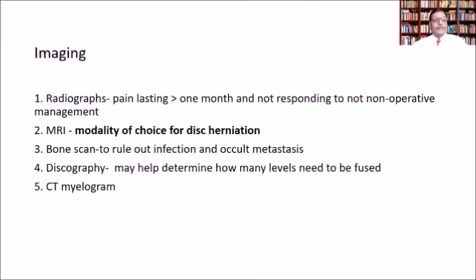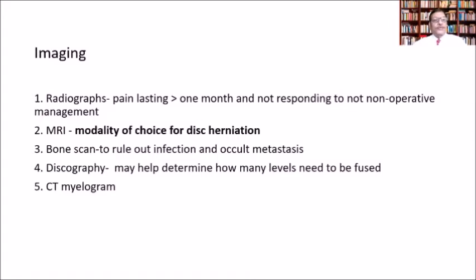Imaging is done. A simple plain radiograph is usually the first investigation that is asked for, and it is asked for when the pain is lasting for more than a month and is not responding to non-operative management. The MRI is usually the modality of choice for disc herniation.